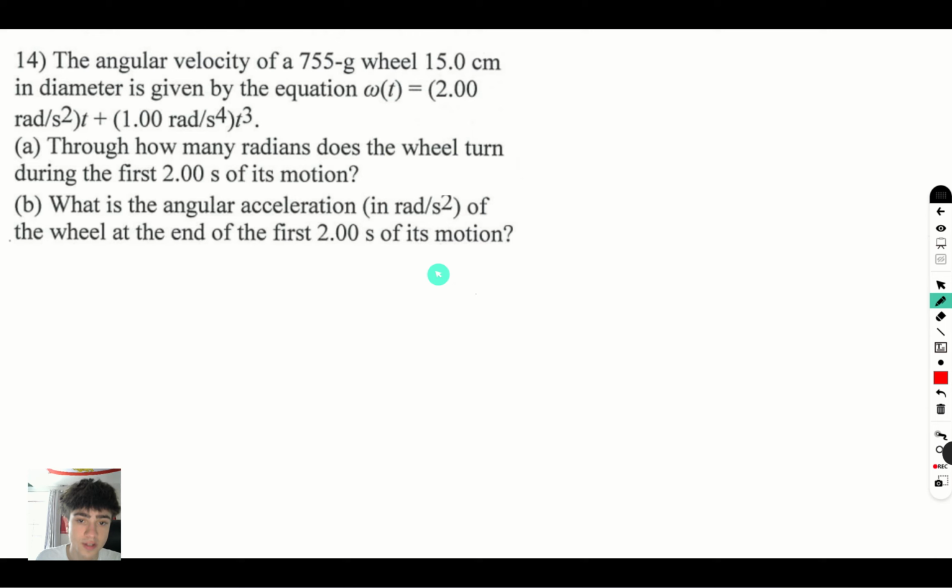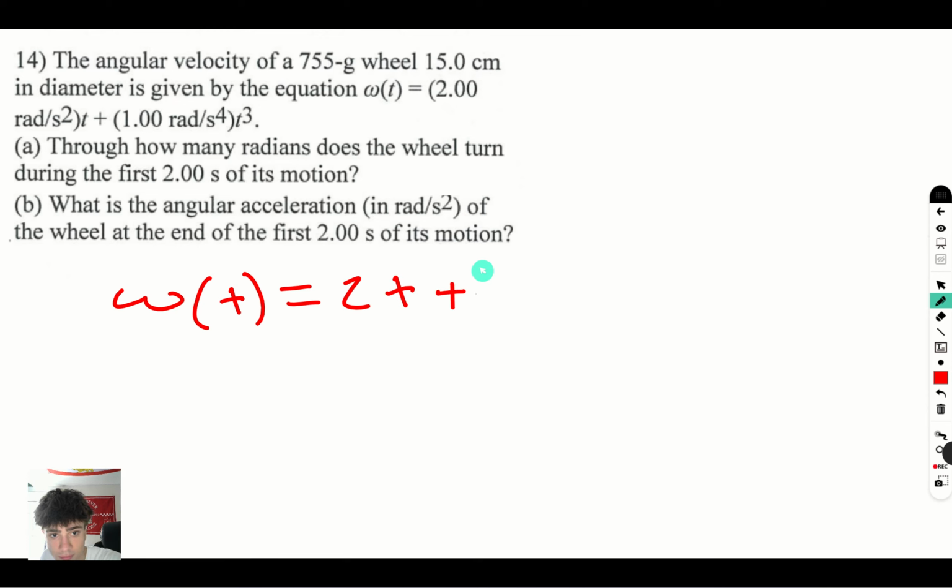Alright, so let's move on to the second part of the problem, which is asking us what the angular acceleration is going to be of the wheel after the first 2 seconds. So let's rewrite our original equation. And in this case, we're going to want to take the derivative of both sides in terms of t.